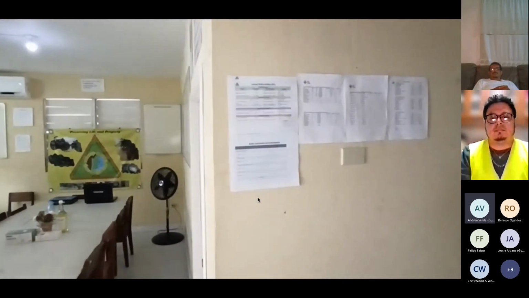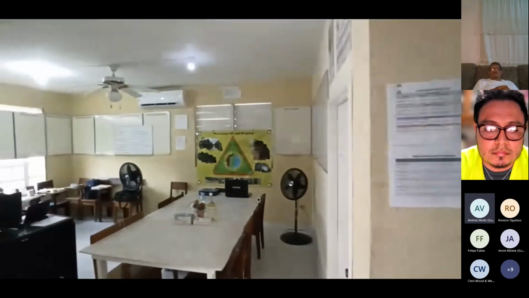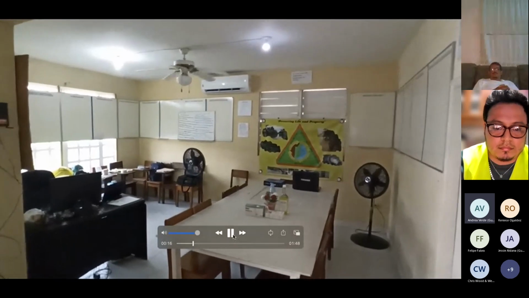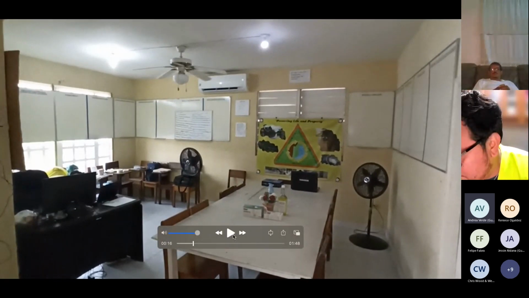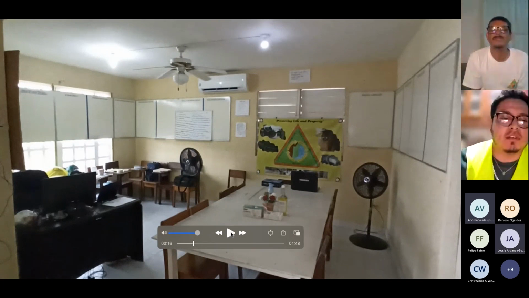This is an example of how the EOC is formed in COROZAL, what it should look like. Can you guys hear? Yes, sir. Yes, we're hearing. Yes, we can hear.